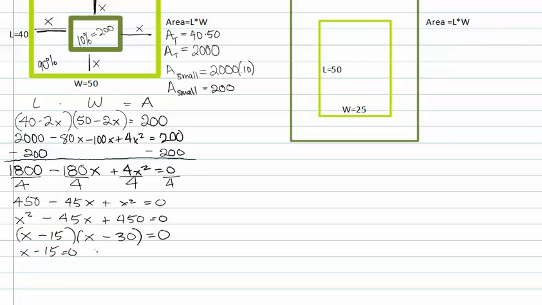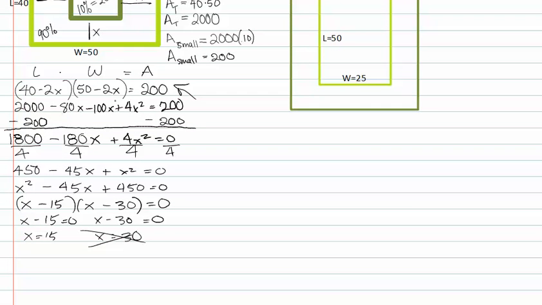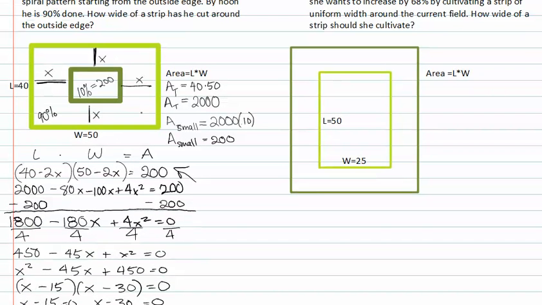Setting those equal to 0 gives me two solutions, x is equal to 15 and x is equal to 30. 30 will not make sense in the original equation, so we throw that one out because it would create negative distances, but we keep x equal to 15. So the strip that was mowed was 15 feet by noon.